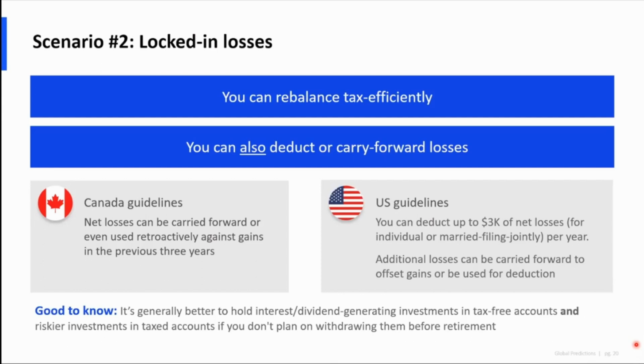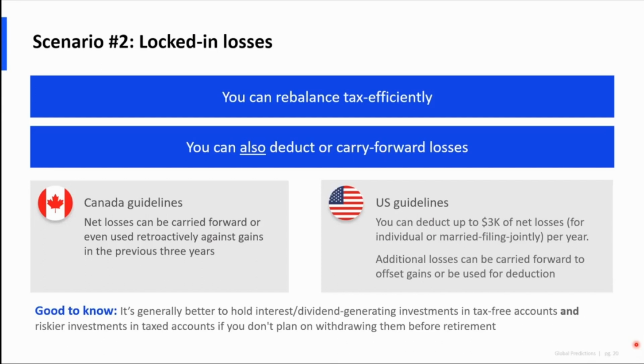The other thing that you can do, which is actually quite powerful, is you can deduct or carry forward losses. So in Canada, for instance, if you've actually paid capital gains in the past 3 years, because you had net gains and you were taxed on those, you can realize your losses, or just not do anything in this situation because you already have them.